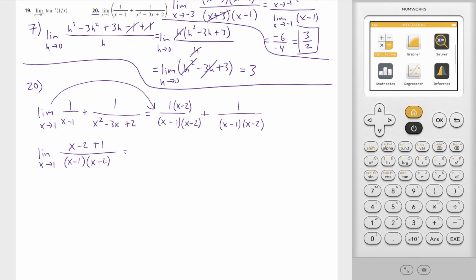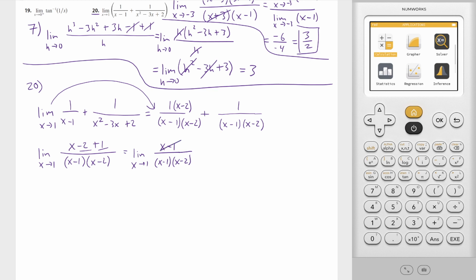Of course I can combine my like terms here. Negative 2 plus 1, I get x minus 1 in the numerator. Oops, I forgot to write my limit again. I keep forgetting that. Okay, limit as x goes to 1 of x minus 1, and in the denominator, it's x minus 1 times x minus 2.